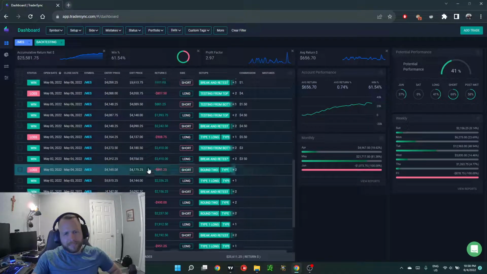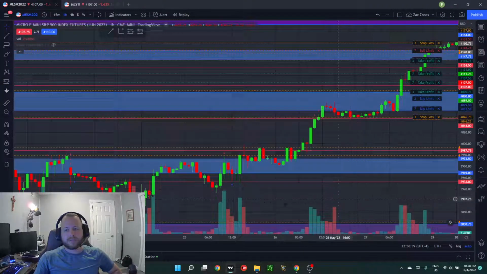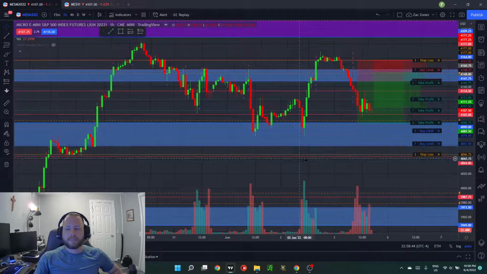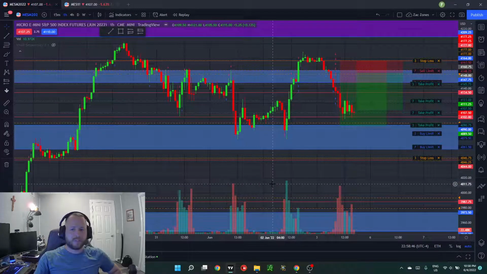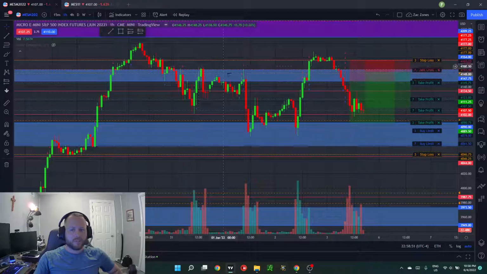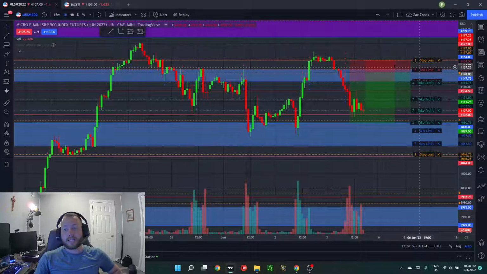So there you have it. There are the backtested results. My plan for this moving forward is probably to let a week pass and then just run the backtest and be as objective as possible. It's super easy to try to skew your backtested results, to try to convince yourself that you would have actually done something when you didn't do it in real life, which is part of the reason why I'm just dialing in now and saying I need to trust my system, and that's that, and get over my fears.